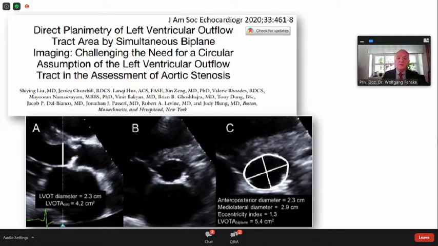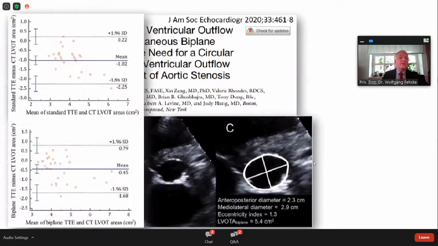And this is a true problem. You can see that if you take the true area, in this case by transesophageal echocardiography, or you take only the shorter diameter, this gives incredibly high differences in the calculation of the subvalvular stroke volume.